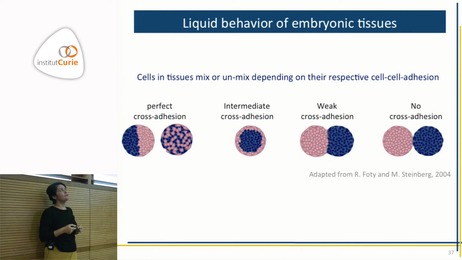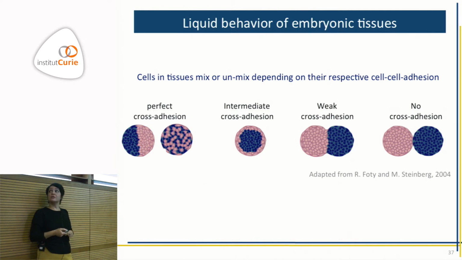If one of your tissues is much more adhesive, with a higher number of adhesion molecules than the other, then the most adhesive one will end up at the center, and you have a layer of the other tissue around it.